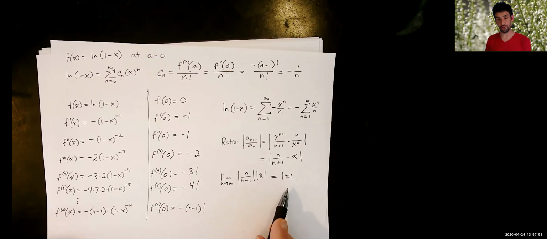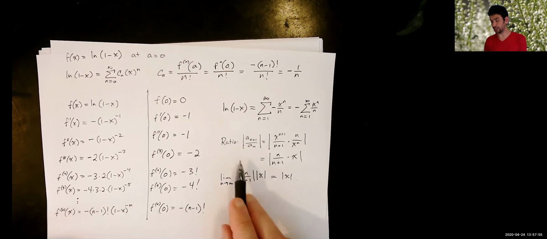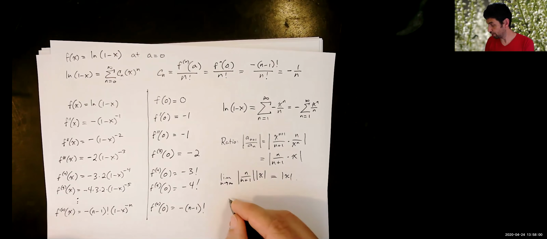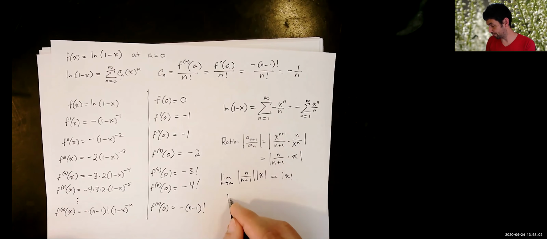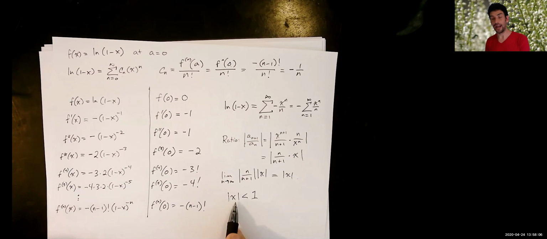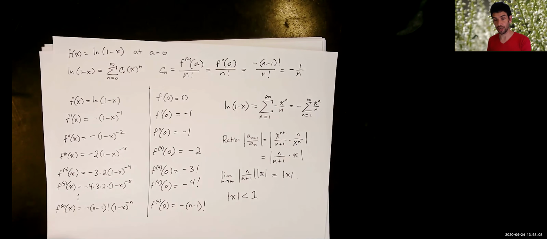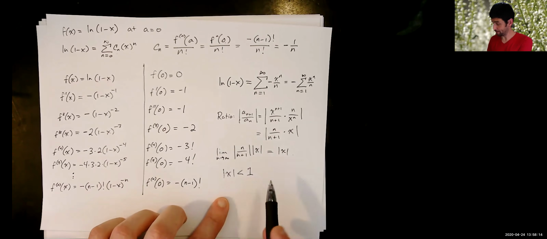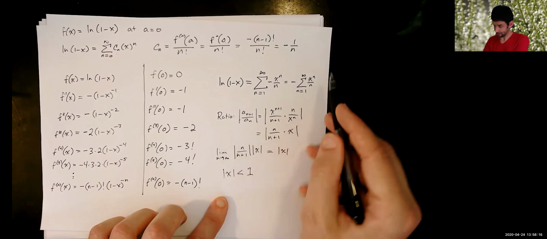Remember, our ratio test tells us that this thing will converge whenever the limit is less than 1. So we know that this converges whenever the absolute value of x is less than 1, or x is between -1 and 1. Okay. We did this one in a previous video, so I'm going to go through the last part pretty quickly. We have to check the endpoints.